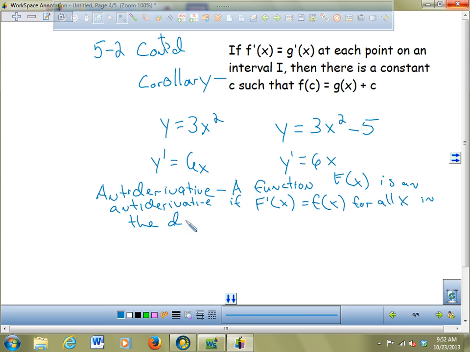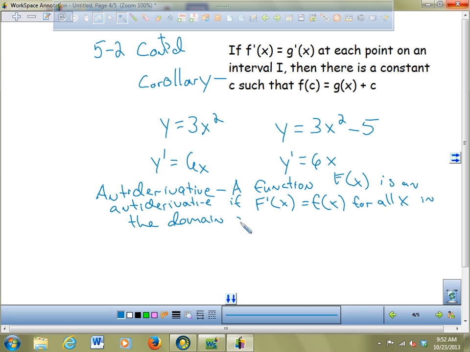So in other words, if I take the derivative of some function and I get f of x, then F of x is an antiderivative of that function.